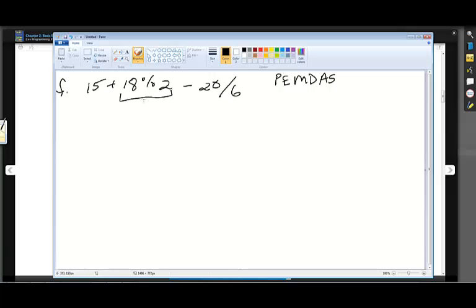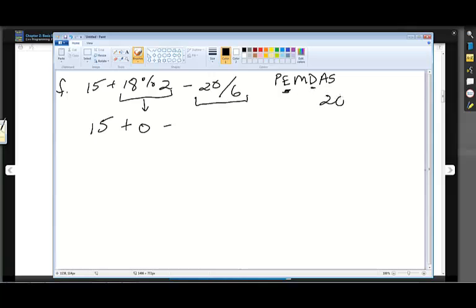What is 18 mod 2? 18 is the larger number, and the answer is 0. There's no remainder because 9 times 2 is 18. So you rewrite this and subtract that, then look at the next part. Mod comes with multiplication and division, and this is the next part.